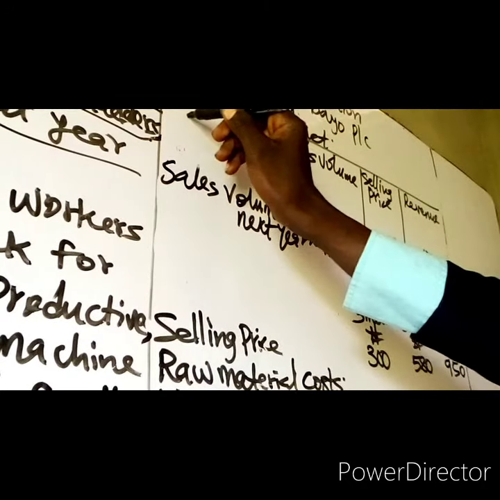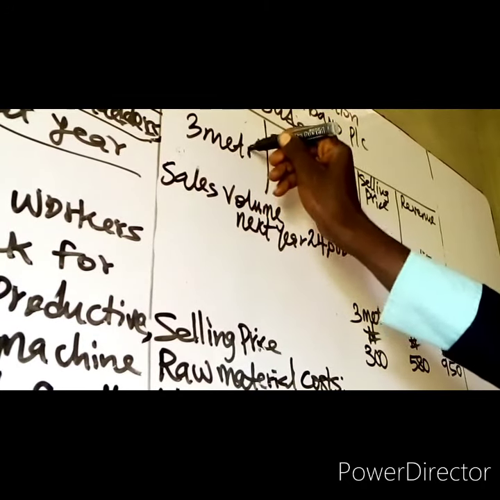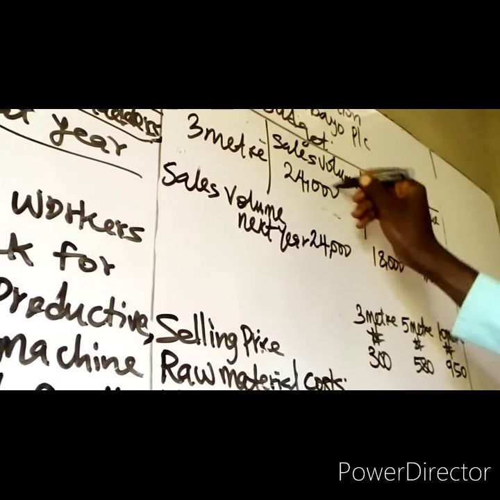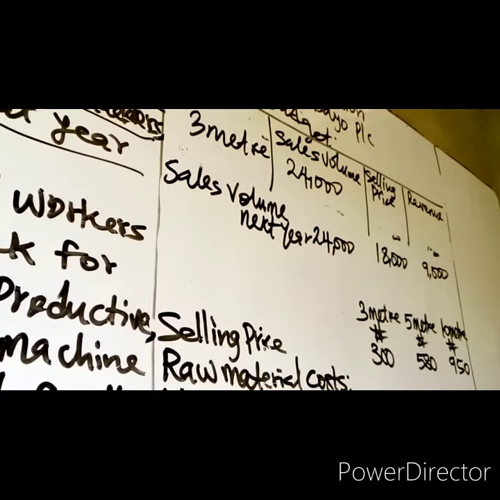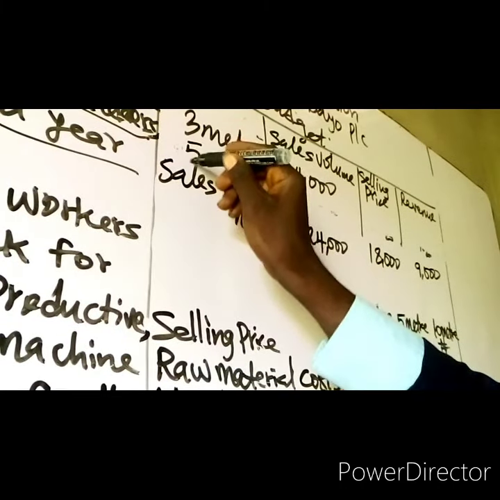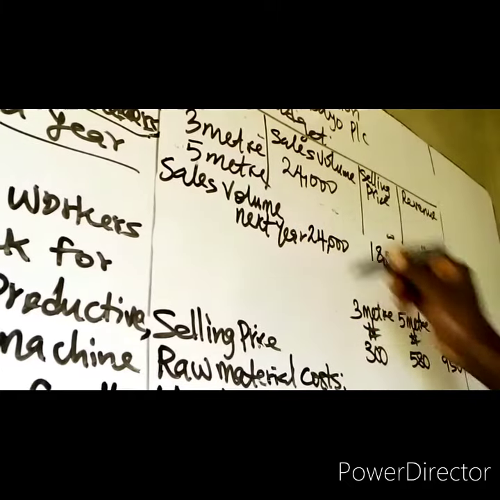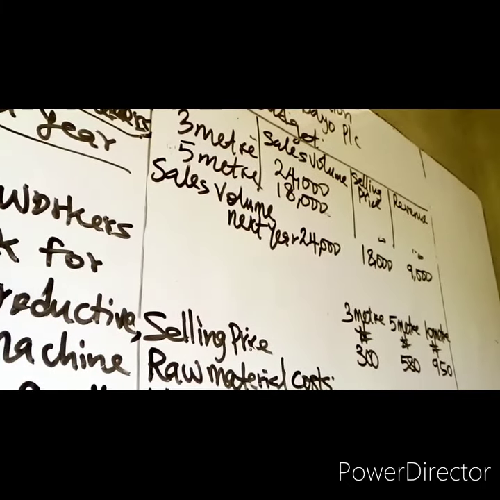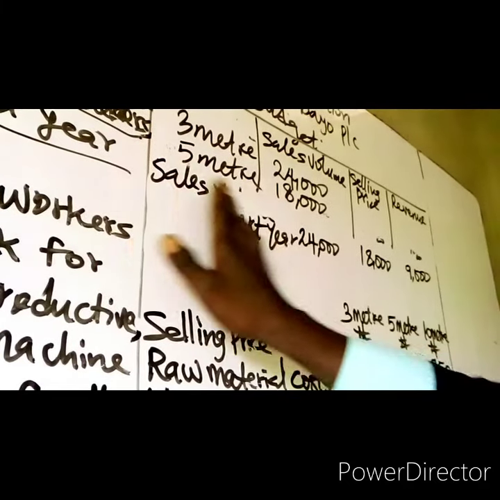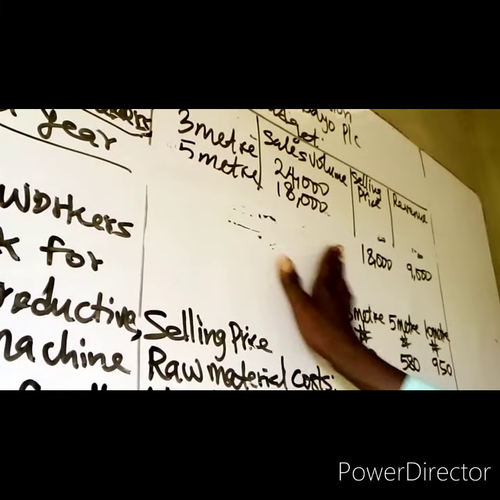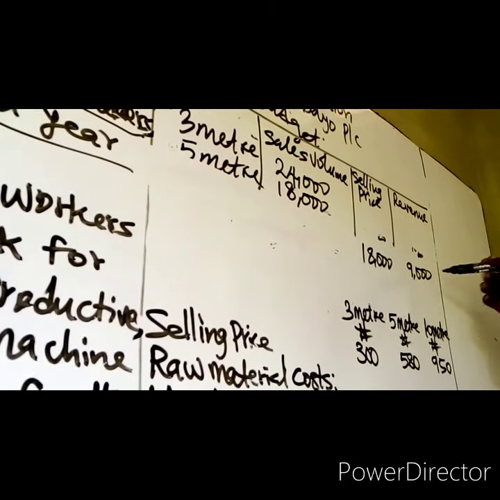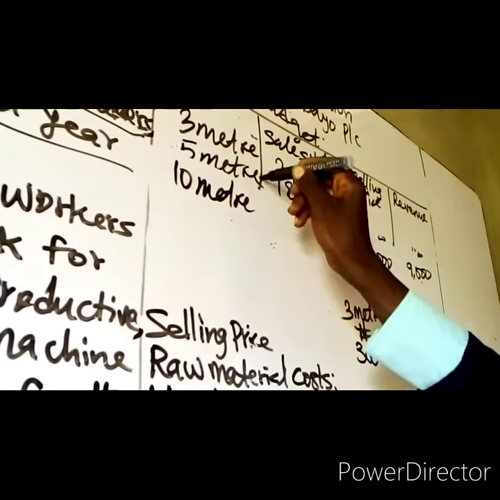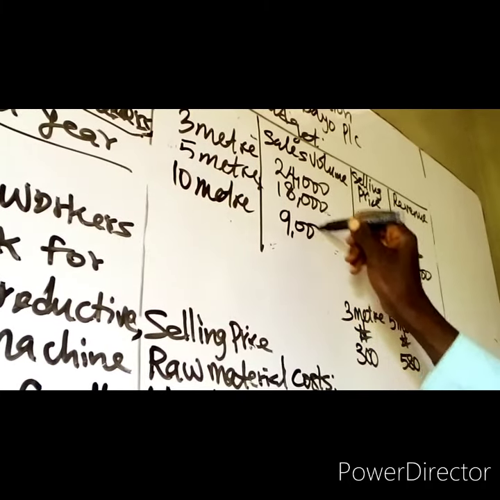So for 3 meter, you have 24,000 as the sales volume. For 5 meter ladder, you have 18,000 as sales volume. And for 10 meter ladder, we have 9,000 as the sales volume.